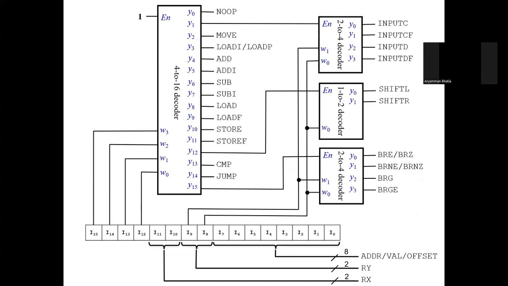Yeah, so this is the structure of the opcode decoder. Your first 4 bits of your instruction can theoretically correspond, using this 4 to 16 decoder, to 16 different values, 16 different operations, but that's not enough. So we branch out some of these values to more decoders, like a 1 to 2 decoder and 2 to 4 decoders.